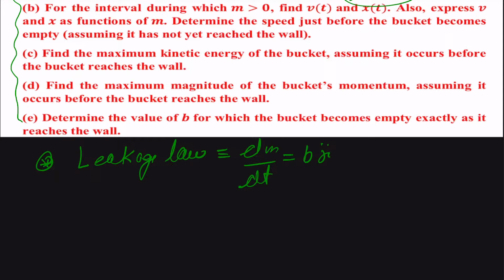It means if the bucket accelerates faster, the faster the sand is going to leak out. So the leakage depends upon the acceleration, not on the position nor time directly. It is only dependent upon the acceleration. We are also given that x dot is less than 0, so obviously the velocity will be less than 0 and its acceleration will also be less than 0.